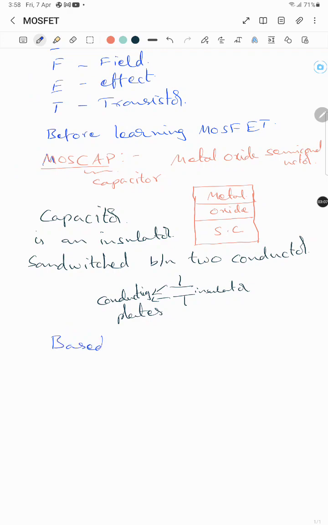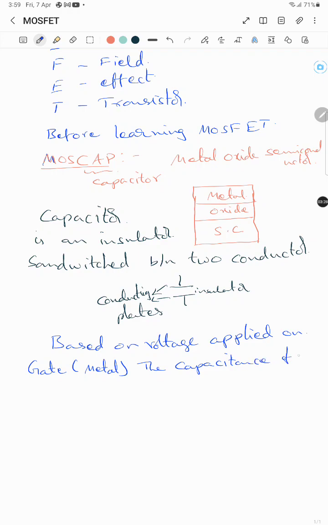Based on the voltage applied on the gate, I will tell you what is gate, here the gate is the metal, the capacitance of the MOSCAP varies. So that means the MOSCAP is acting as a variable capacitor.